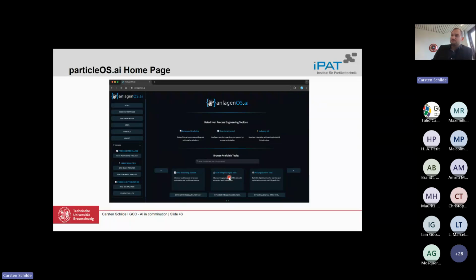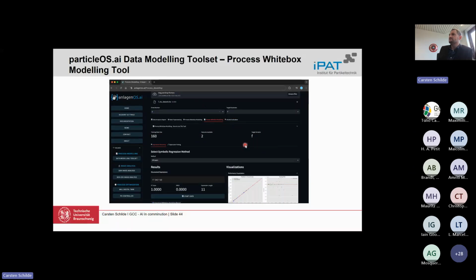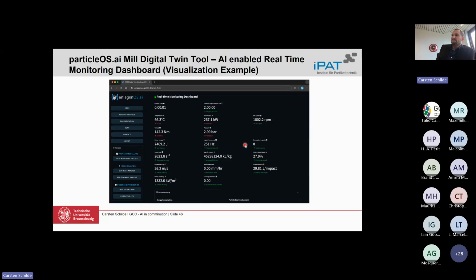You can also have some product analysis, or we have here an app for a mill digital twin. This is a little bit different from the one I have shown before with the model-based control. This one is related to a real-time monitoring of our mill, so we have it adapted to our mill.